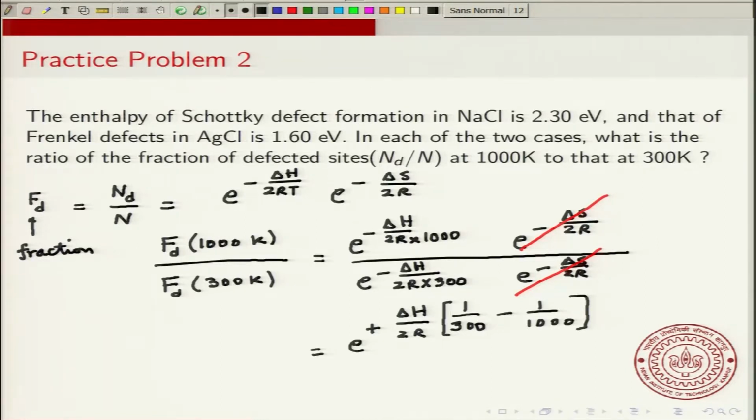This is written in terms of R. When you write delta H in per mole, delta H has to be written in per mole because this is written in terms of the gas constant. So then you use gas constant R.